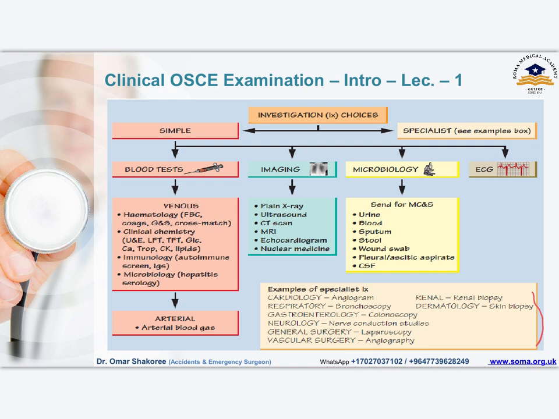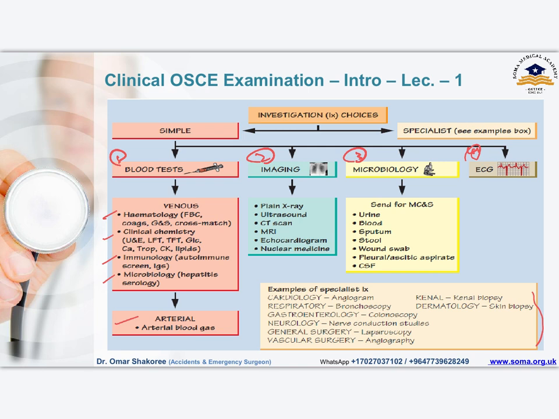The simple investigations for all medical and surgical patients start from blood tests, imaging, microbiology, and ECG. Blood tests include hematology, clinical chemistry, immunology, microbiology, and arterial blood gas.